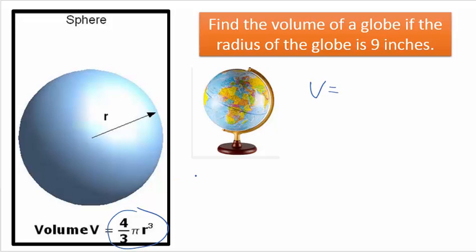By the way, I gave you a formula sheet for Module 4, and all these formulas are on the formula sheet. So all we're going to take is 4/3 times pi, times 9 cubed, because I said the globe has a radius of 9 inches. So the volume of this globe right here, we're going to let our calculator do the work.